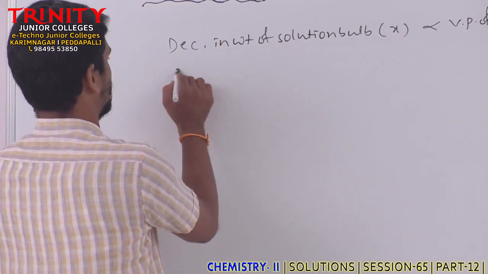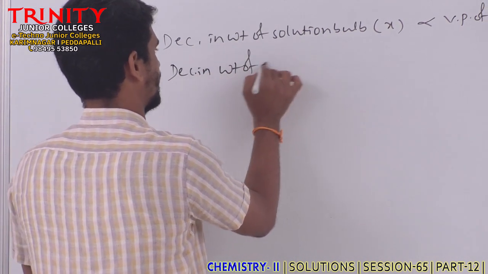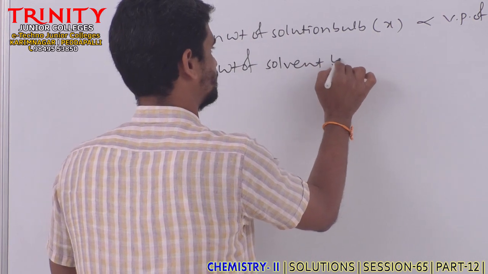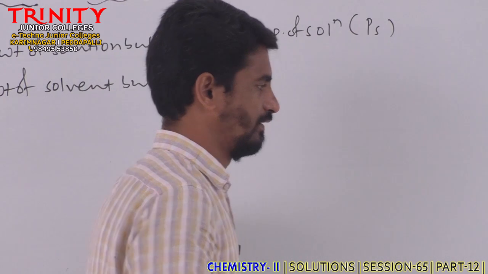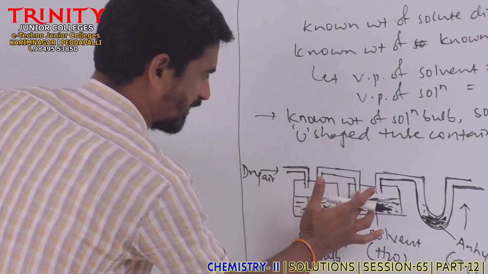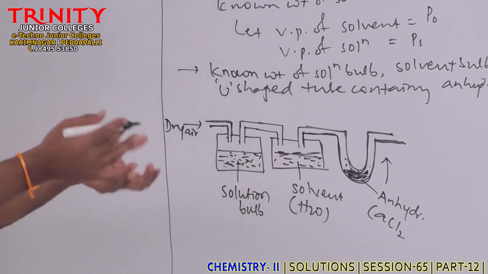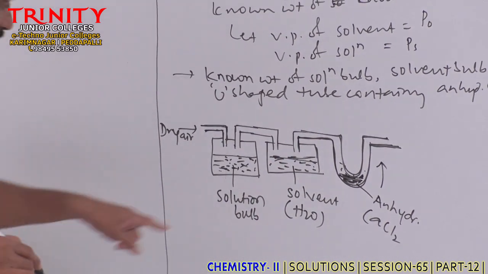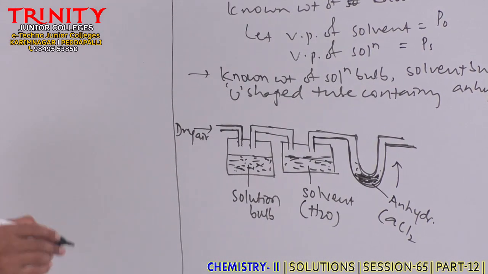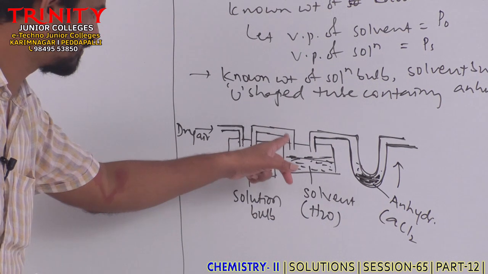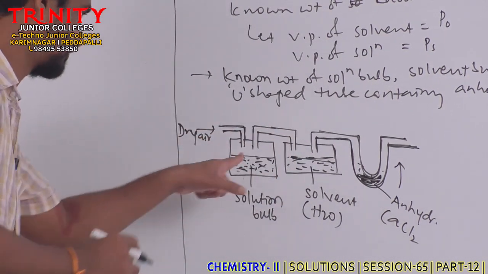Next, similarly, decrease in weight of solvent bulb, that is Y, is directly proportional to what, sir? When dry air is entering into this solvent bulb, then it absorbs some vapors. Here the decrease in weight of solvent bulb is not directly proportional to vapor pressure of solvent. Why? Because the air which is entering into this solvent bulb is already associated with some vapors from the solution.